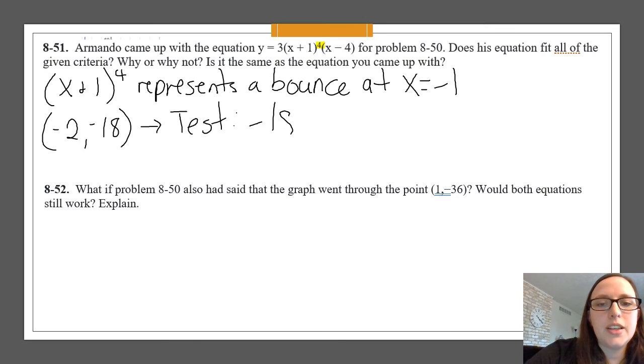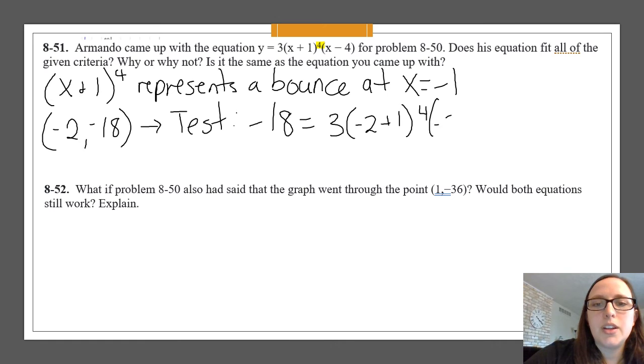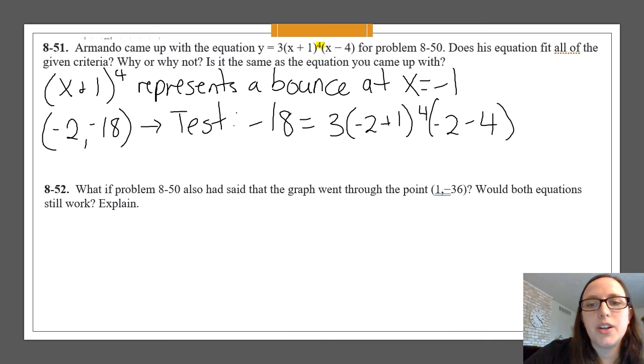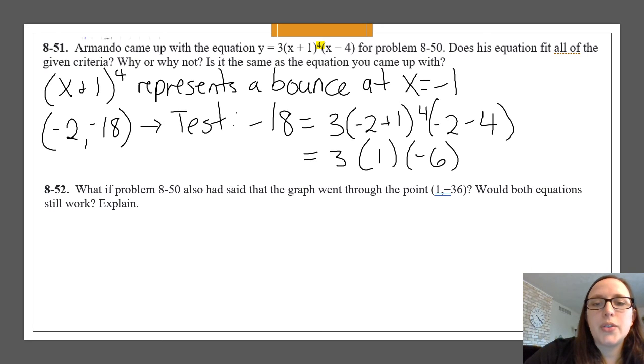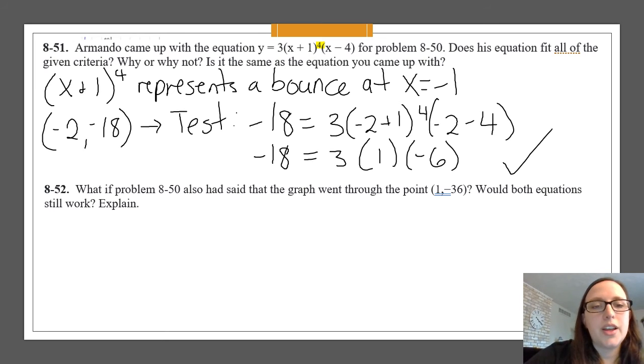So -18 equals 3 times -2 plus 1 to the 4th power times -2 minus 4. -2 plus 1 is again -1. -1 to the 4th power, if you multiply that out, would give us a +1 again. -2 minus 4 is -6, and when we multiply 3 times 1 times -6, we would get -18. So that does work. That equation still works with what we were given.